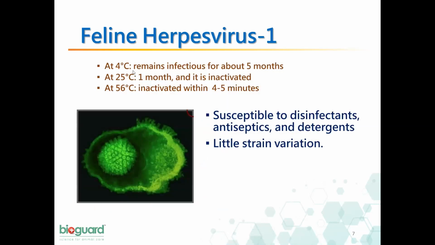This virus is very stable in lower temperatures. It can remain infectious at 4 degrees for about 5 months. At room temperature, it can be reduced to 1 month, but it will be in an inactivated state. When the temperature rises to 30 to 56 degrees, the inactivation can be within 4 to 5 minutes.